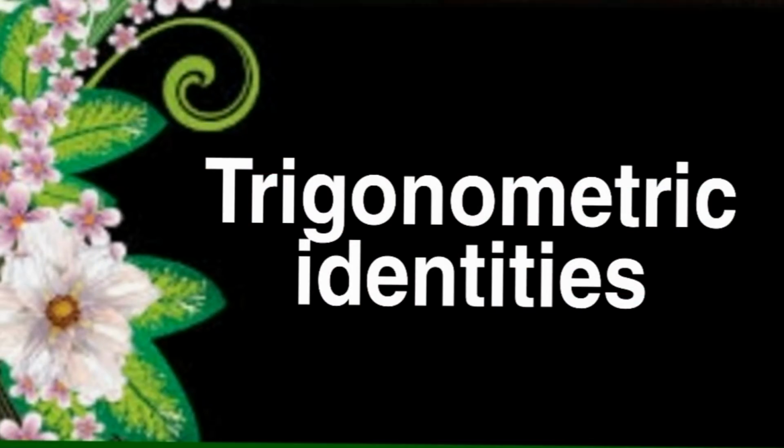And students, we are solving questions from your past papers relevant to trigonometric identities. In the previous two lectures, we solved some questions. In the first lecture, I derived the fundamental identities for you, and I want to repeat them here.